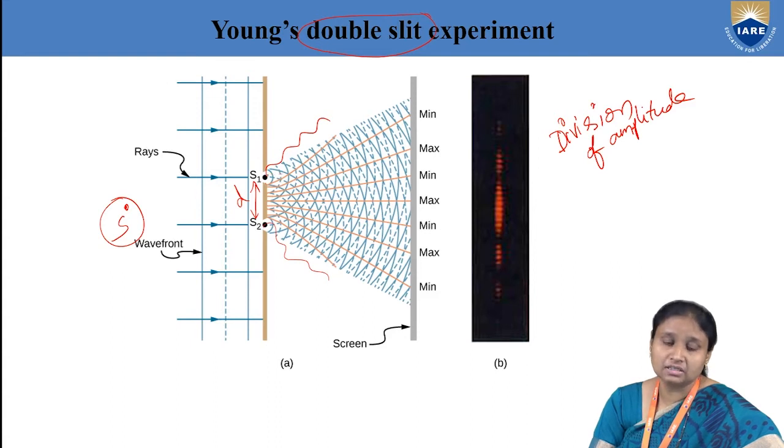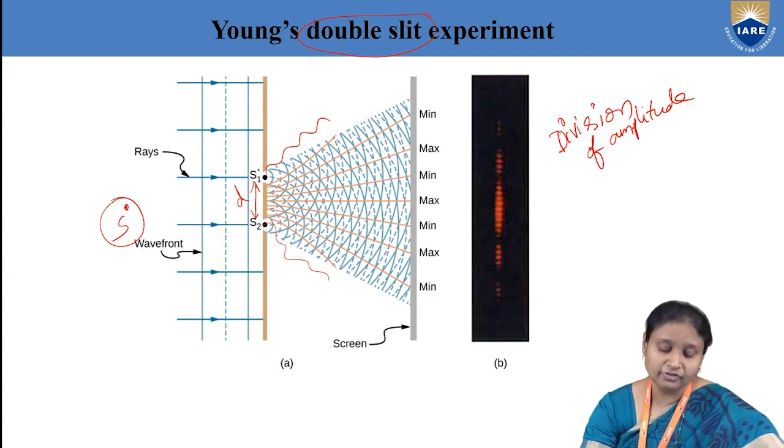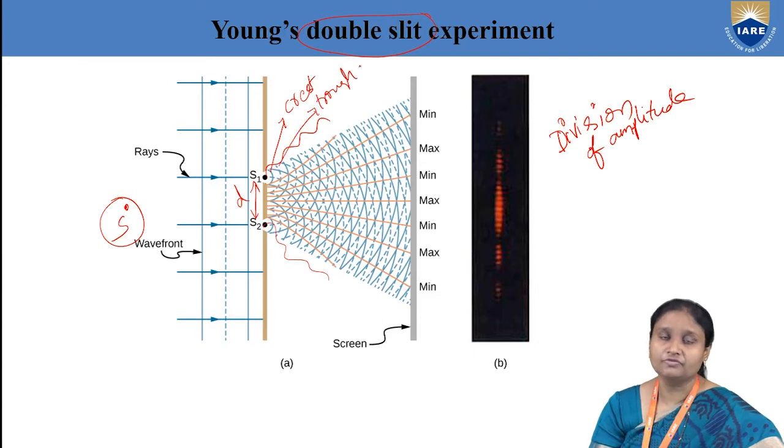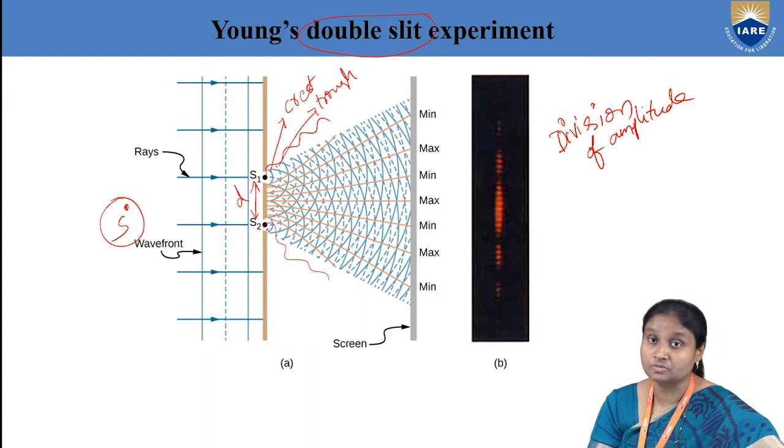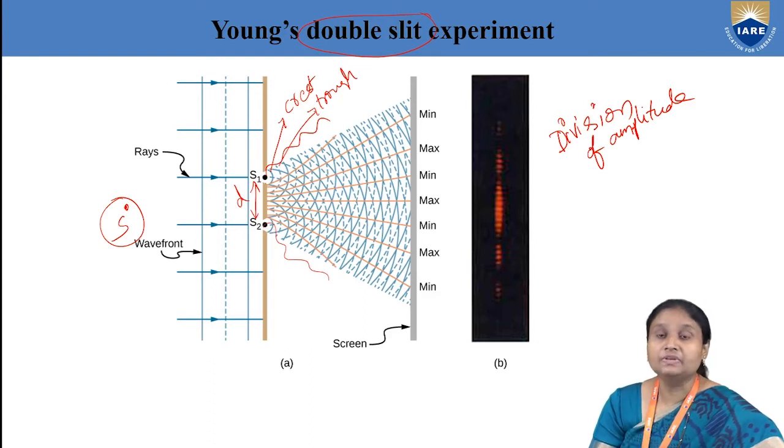Suppose we take the solid line to be a crest and the dotted line to be a trough. So we have the crest and trough of spherical waves coming from source S1, and from source S2 also we have a solid line and a dotted line, meaning the crest and trough of spherical waves coming from S2, and both these spherical waves are undergoing superimposition.